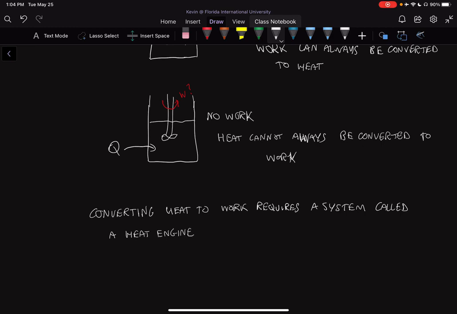And what a heat engine does is the following. It receives heat from a high temperature source.